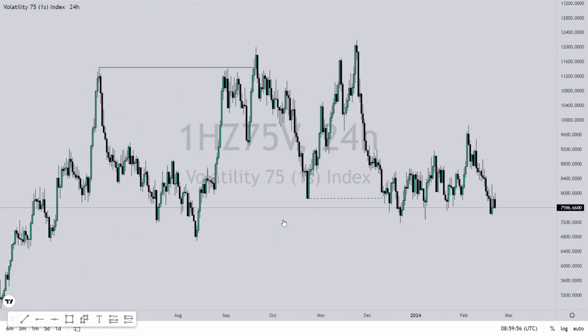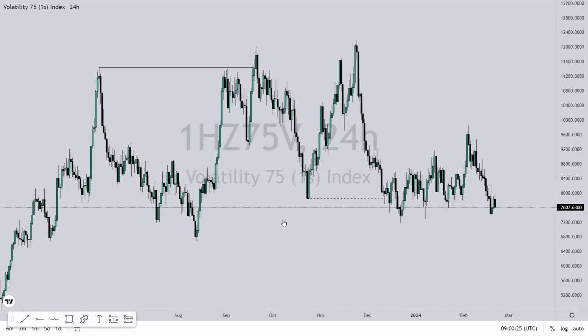If you want to do a top-down analysis, you have to know the range you are trading in right from the higher time frame. You have to be able to define the range you are currently in, and that is going to help you know which side of the market you are on. Are you a buyer, or are you going to be a seller at that particular moment or for that particular week? So this is the 24 hours time frame.